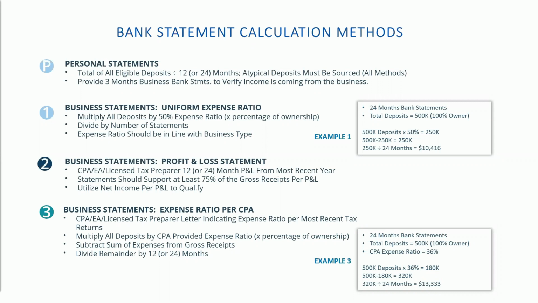Not to say that they don't exist, but I've actually seen a CPA letter come over greater than 25%. So that's what we want to be aware of. If I'm getting a CPA letter, make sure it's less than 50% on a bank statement or 25% on a 1099, or else it's better just to go with method number 1, because we're actually going to give ourselves less income in those instances.